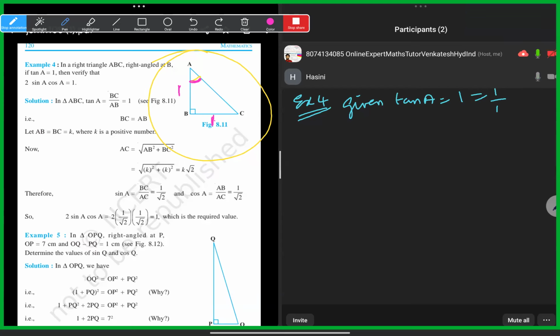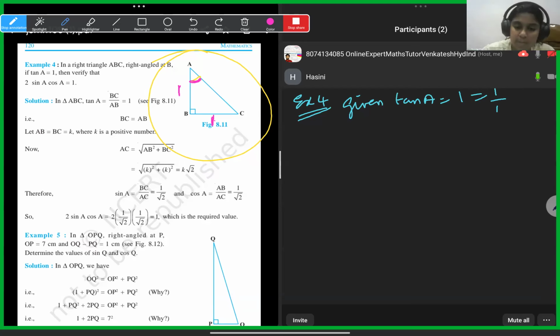Could you hear me? I was telling 1. So AB or BC, adjacent side for that angle A. Adjacent side is AB.